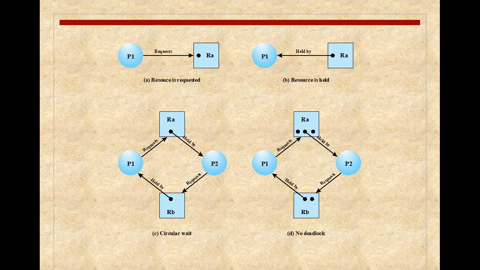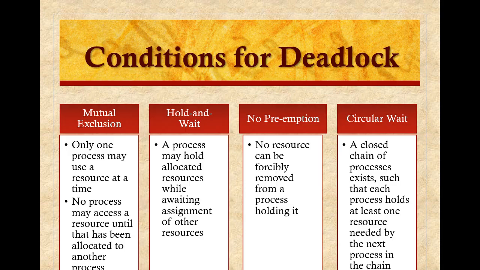Here P1 is requesting a resource RA that is held by P2, and P2 is requesting a resource RB that is held by P1. So this is known as circular wait. And lastly, if we have multiple instances of resources that can be allocated to P1 and P2, there is no deadlock in that case. So D is an example of no deadlock.